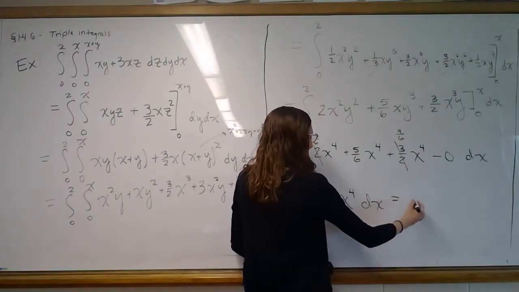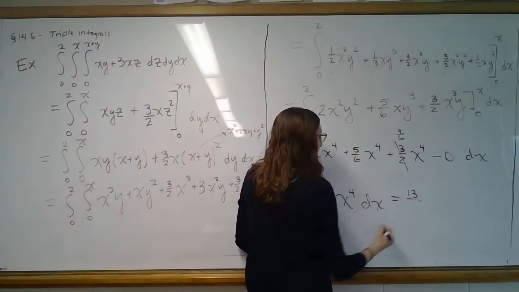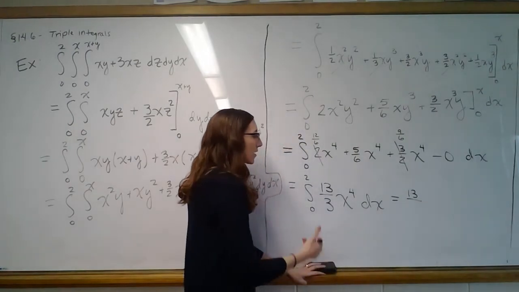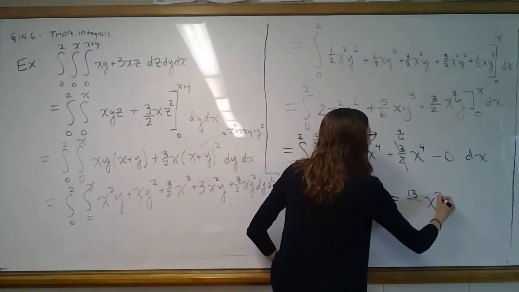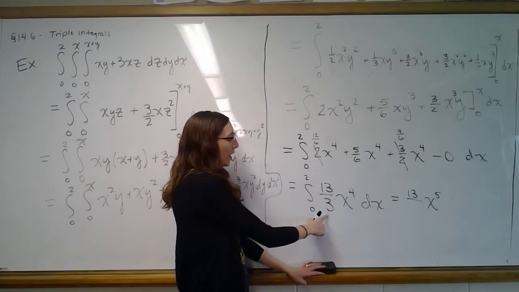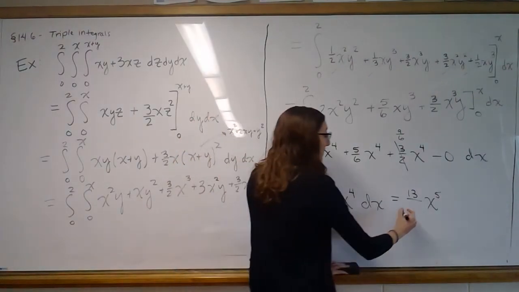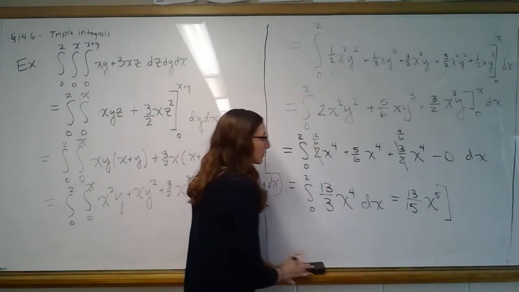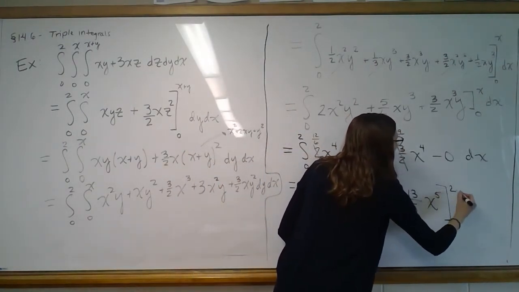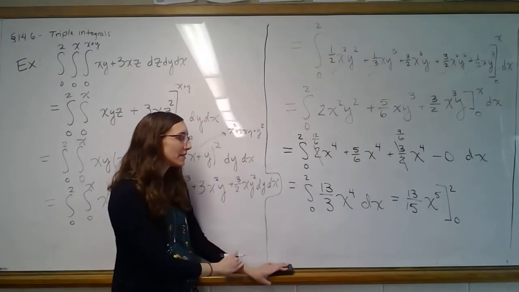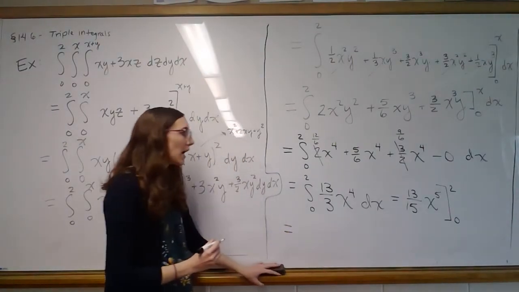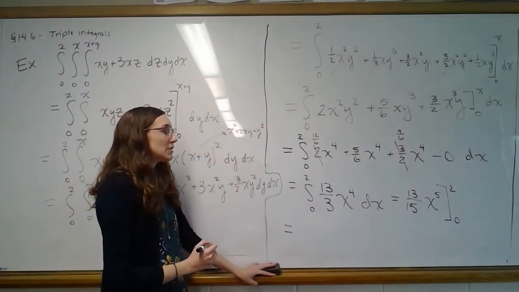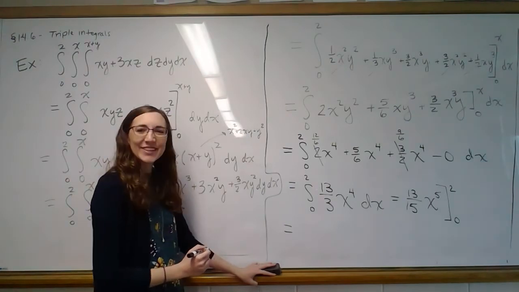Now we've just got a little power rule to do for our last one. So we'll end up with 13 over, that power of x is going to go up to a 5, and then we would divide by that 5. It'll multiply by the 3 to give me 15. And then we'll do this from 0 to 2. So plugging in that 2 gives me, let's see, 2 to the 5th is 32.